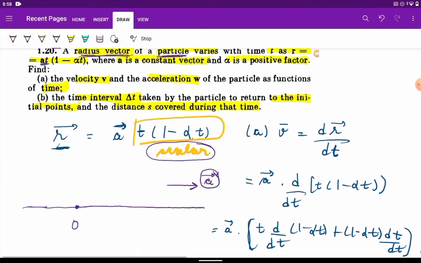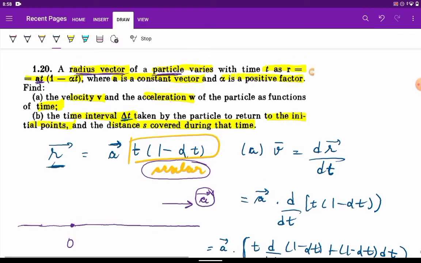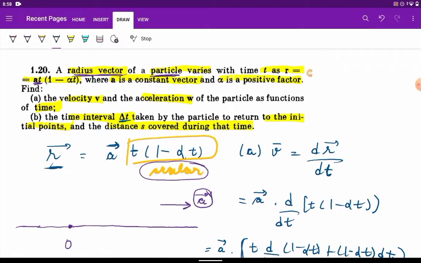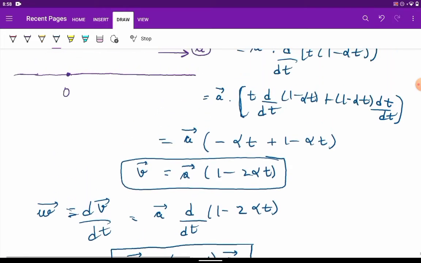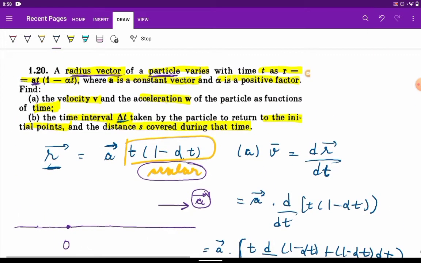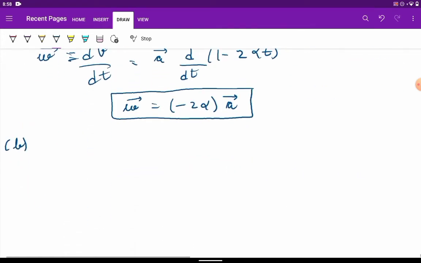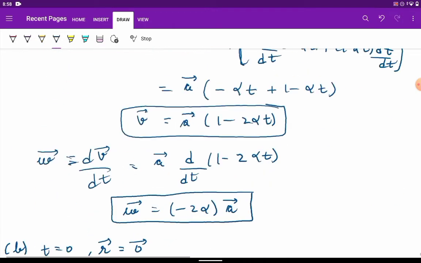Now for the b part. What they're saying is the time interval delta t taken by the particle to return to the initial point. Basically the initial point means that at time t equal to 0, the r vector is the 0 vector, because if we substitute 0 it becomes 0.